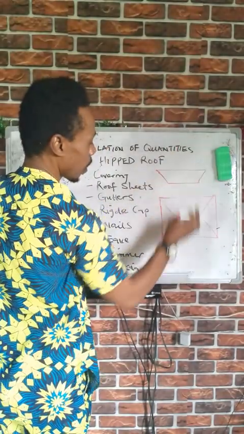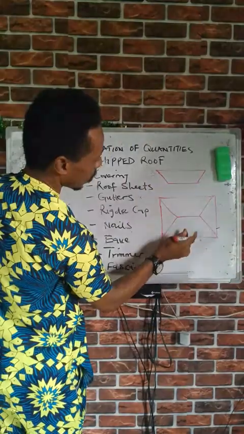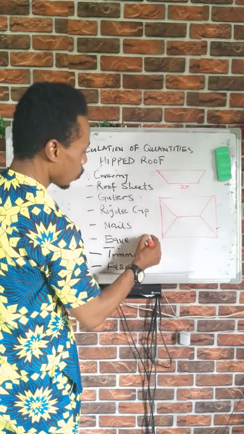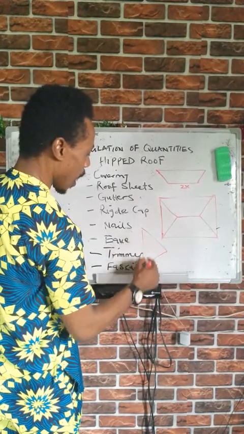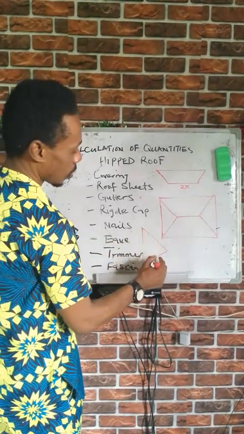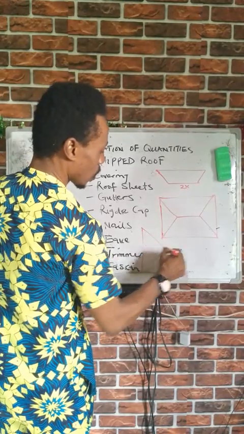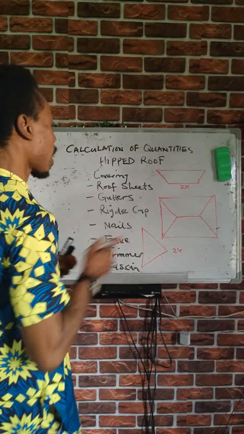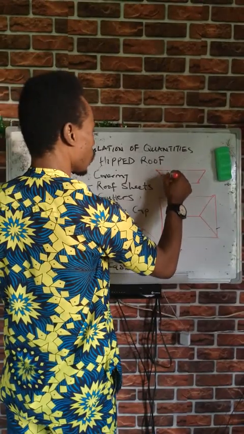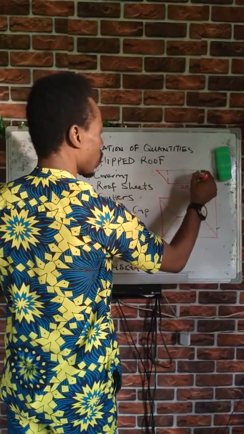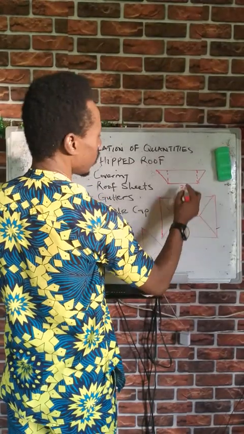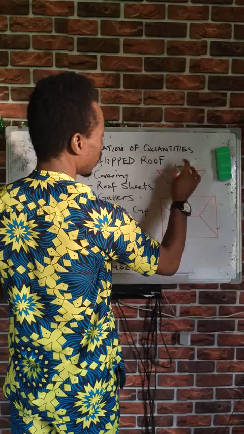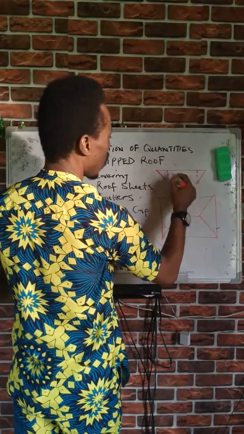For this way, the same thing, so is by 2. This side, you scale it out, it becomes by 2. You can decide to split this, get this as length, and get the area of a rectangle.